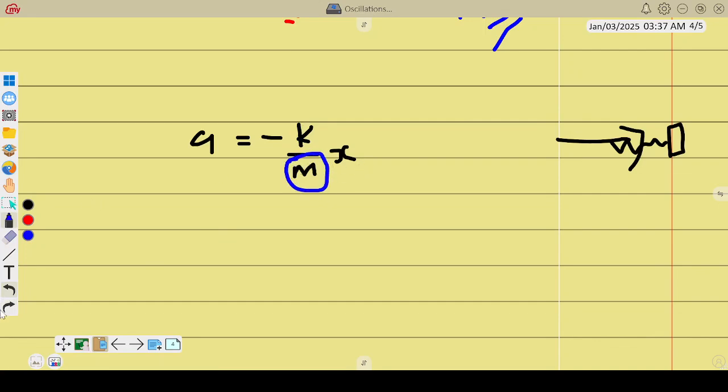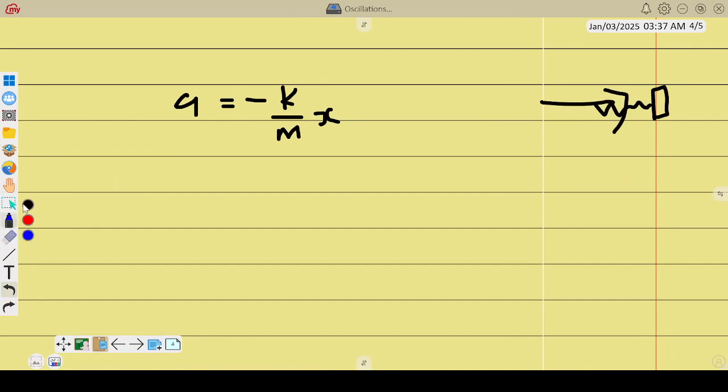M can make you sweat. So let us learn another skill which you should apply in case they give you such tricky questions. So this is negative kx over m, like that.